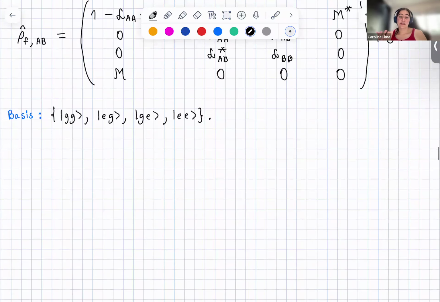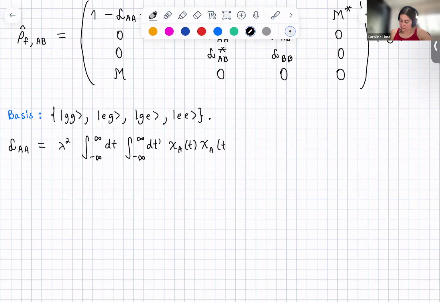And let's define what each of those terms is. So LAA is going to be lambda squared integral from minus infinity to infinity of dt, also of dt prime, chi A of t, chi A of t prime.